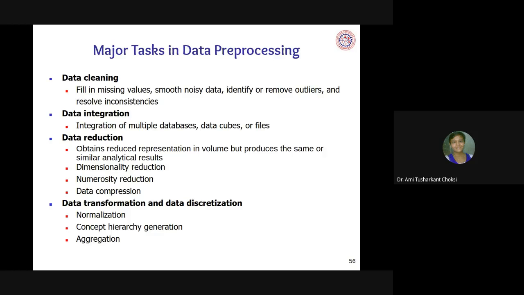So before applying the data mining algorithm, we try to reduce the data. You can say, ma'am, it is so simple, just take half of the data, or one fourth of the data, and it is fine.